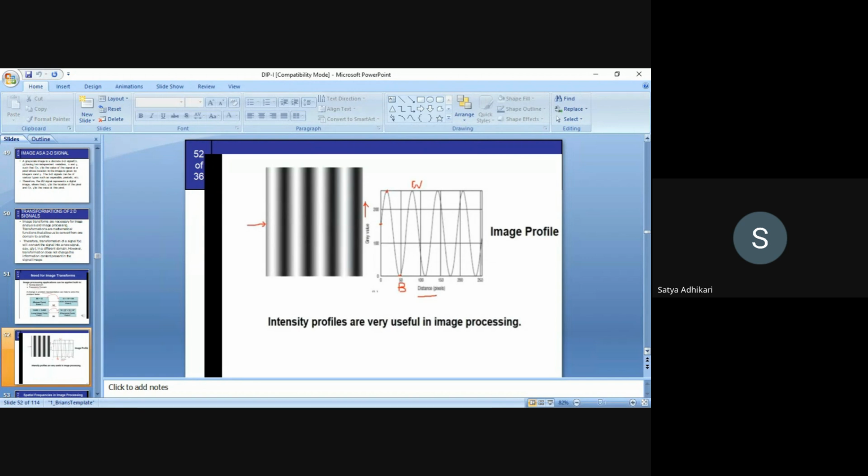Are you getting something from this picture? I have written here W and B, in red color, for white and black colors.